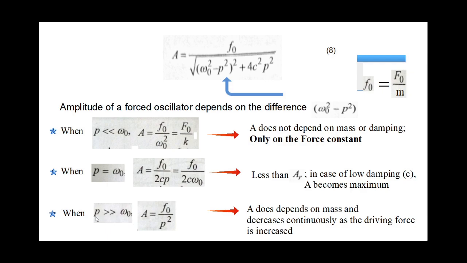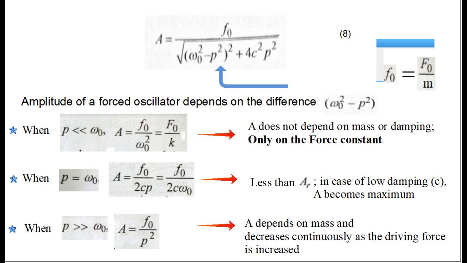Then, when p is much greater than omega 0, we can neglect the omega 0 square term and this term also. Then the dominating term is f0 divided by square root of p raised to 4, that is, when p is much greater than omega 0, the amplitude equals f0 by p square.